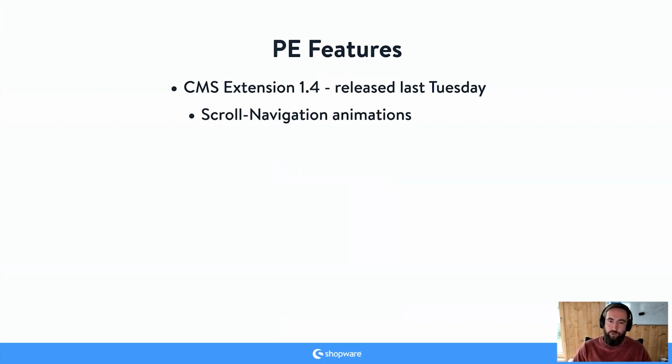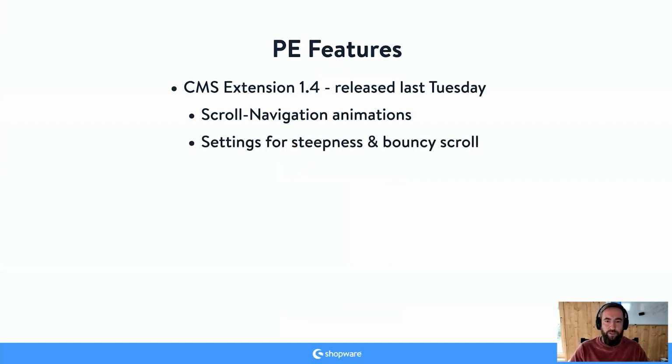I showed you some video examples of that last time, and I will give you a live demo in a few seconds. Also, it now contains some advanced features for the steepness of the animation curve, and a neat little feature called bouncy scroll.